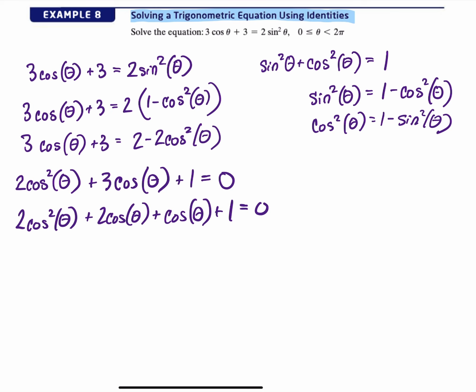So I'm imagining this is in one set of parentheses and this will be in my second set. So in the first set, they both have a cosine and they both have a 2. So I'm going to factor out 2 cosine of theta. And what would be left over? I took the 2 and I took 1 cosine, so there should just be 1 cosine left.